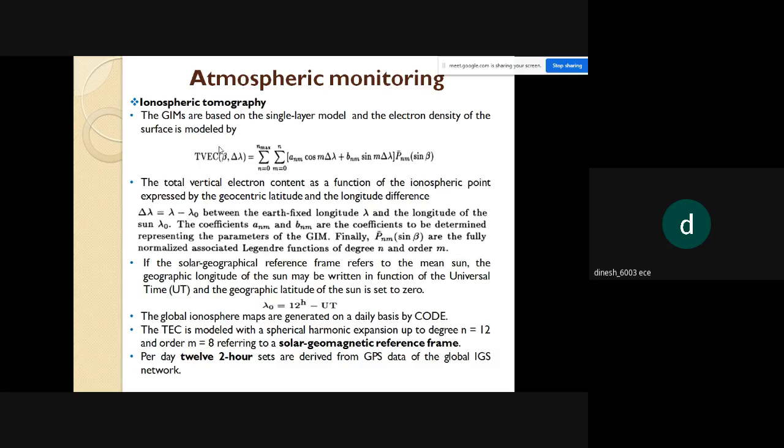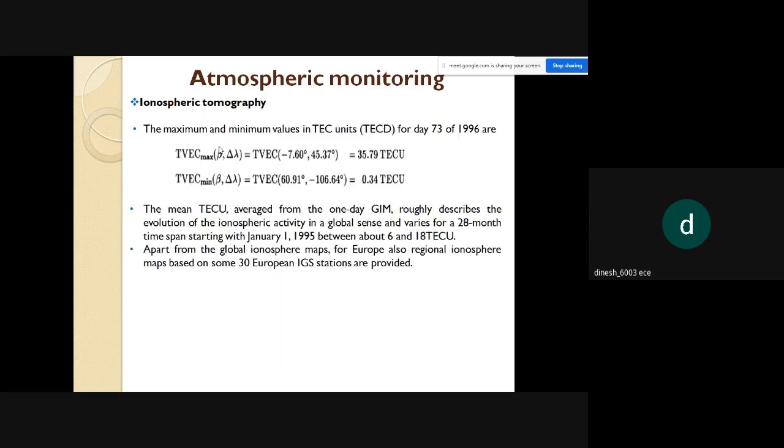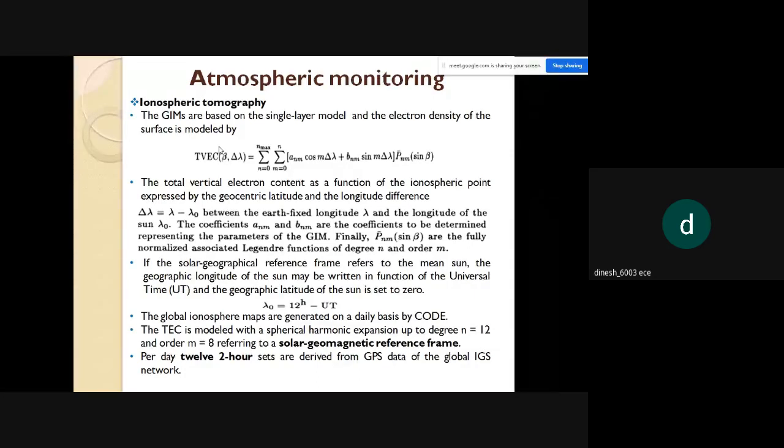So this refers to a solar geomagnetic reference frame. Then per day we get two 12-hour sets that are derived from the GPS data of the signal, which is given to the global IGS network. Two 12-hour sets.